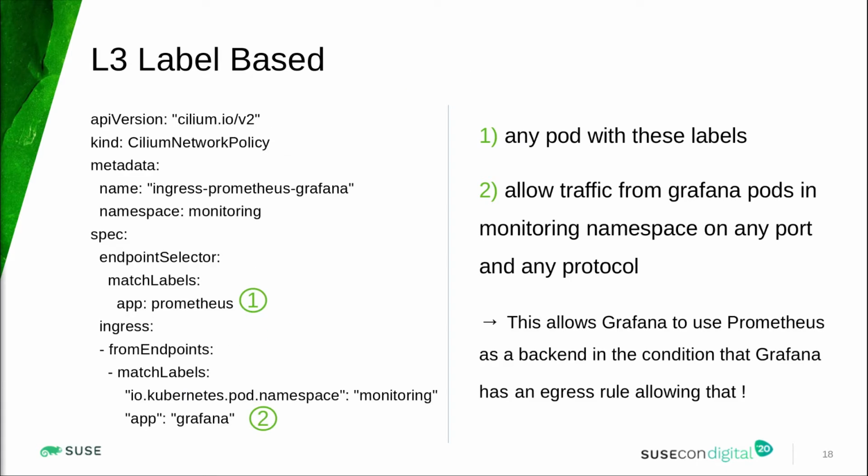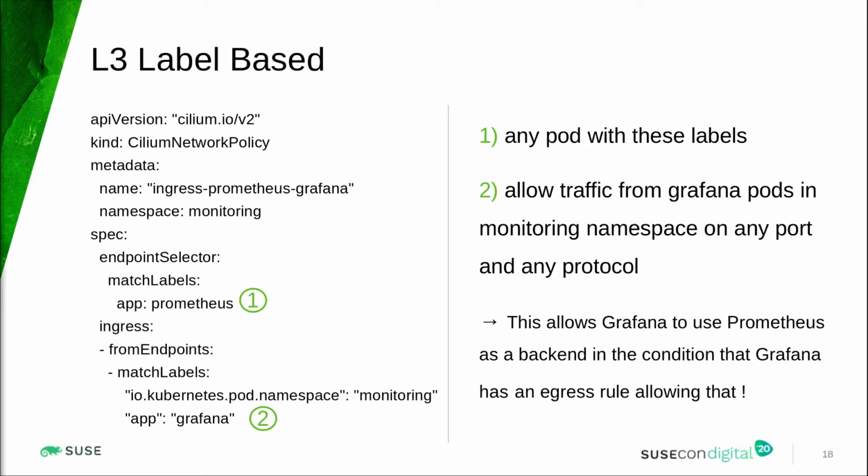The next one is the layer 3 based on label. What we see here is, in point 1, the endpoint selector, where we say that we want to apply this policy to every pod with the label app equals Prometheus. And at point 2, we see from which endpoint, so which pod, we allow the traffic.